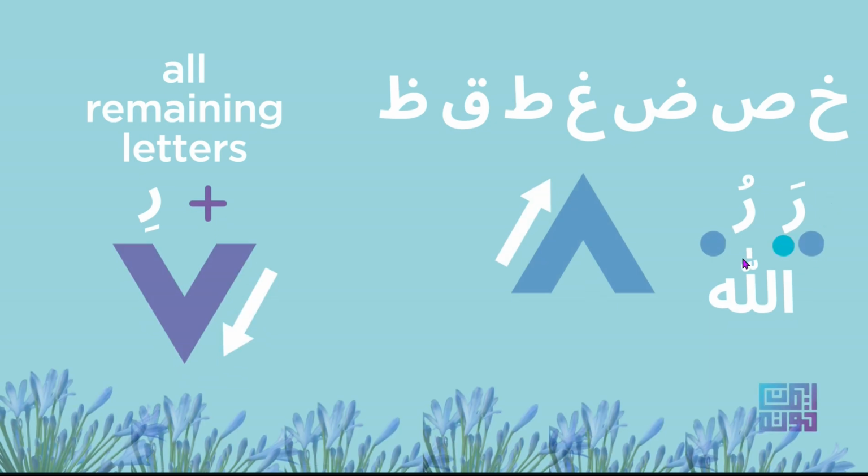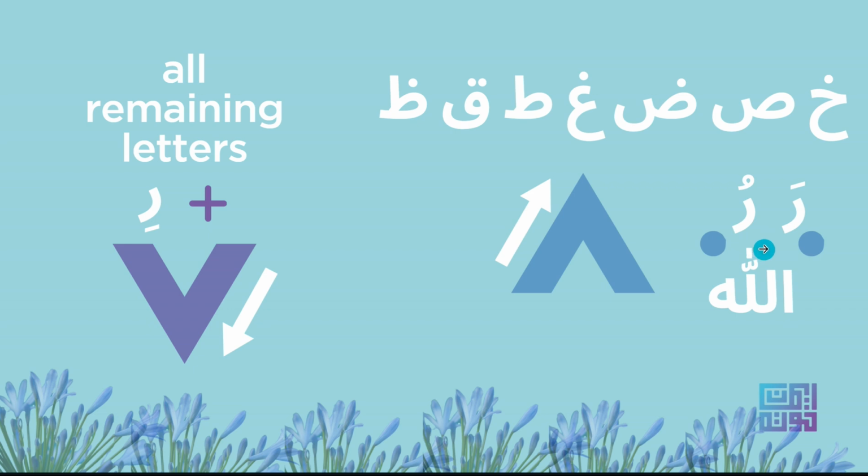In the previous parts of this lesson, we already covered most of the letters. We covered the kha, sad, dad, ghayn, ta, qaf, and za. And we also covered the lam in the name of Allah subhanahu wa ta'ala. Today we are going to take the letter ra.